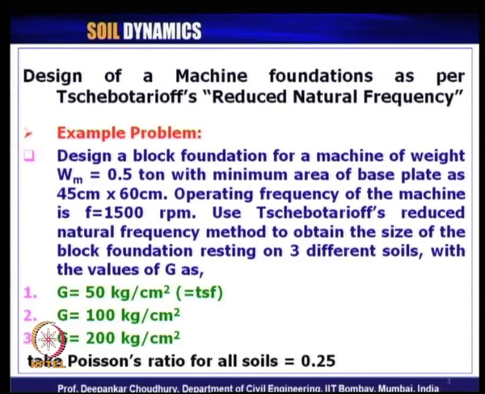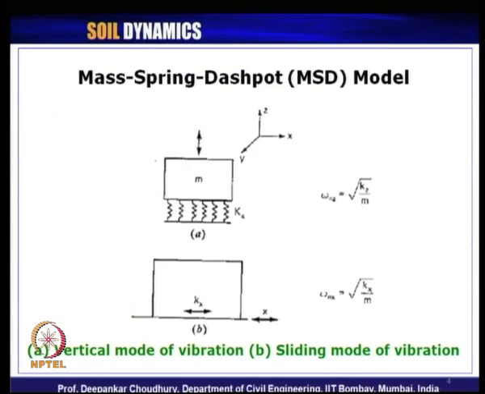And for the third type of soil, that is with high value of G, we found that we need to provide a larger size of the foundation. And then we had started with our second method of analysis using mass spring dashpot model or MSD model.